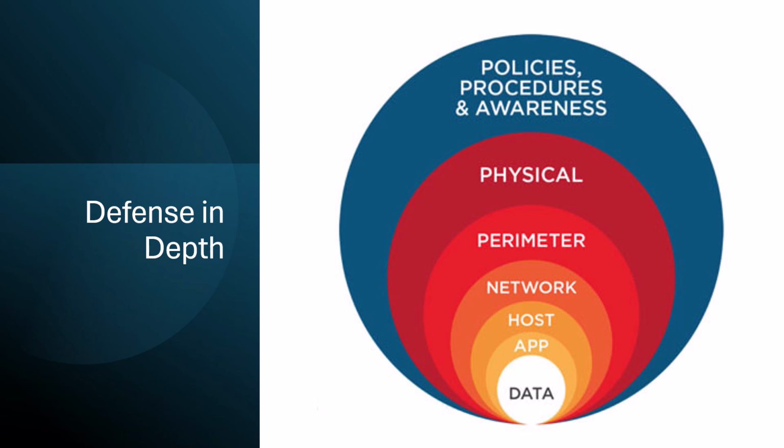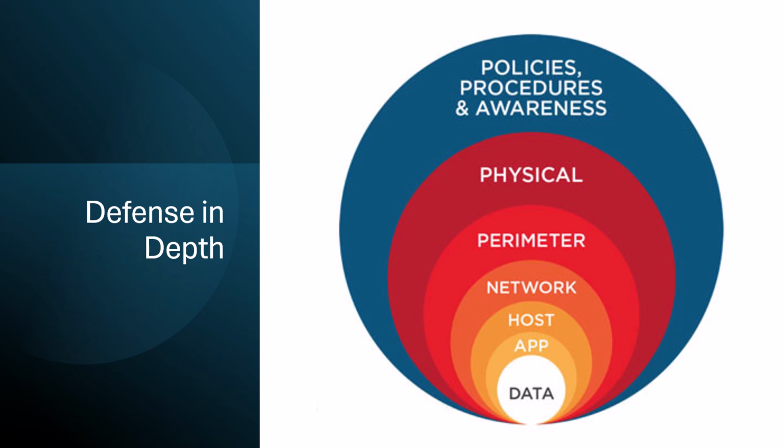Again, defense in depth is a cybersecurity strategy that uses multiple layers of security controls to protect data and systems. The idea is that if one control fails, others will still provide protection. This approach includes a mix of physical, technical, and administrative safeguards, such as firewalls, intrusion detection systems, access controls, encryption, surveillance, and security policies.